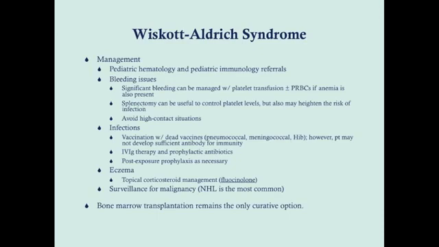So if the kid has real significant problems, beyond the typical kid with Wiskott-Aldrich syndrome, with their platelet levels and they're constantly bleeding, and this has really become a serious issue, then you can do a splenectomy, and that really does help with the platelet issues and with the bleeding. However, what it does that is not desirable is it heightens the risk of infection. And remember, you're already dealing with kids who have an inherent immunodeficiency. So splenectomy can be useful, but you really have to consider the risks and benefits.